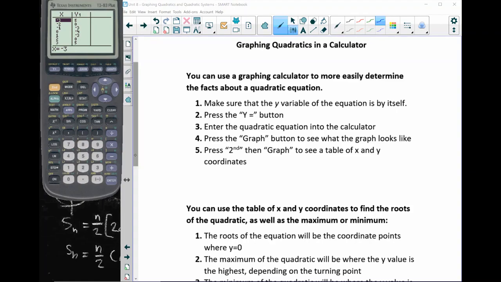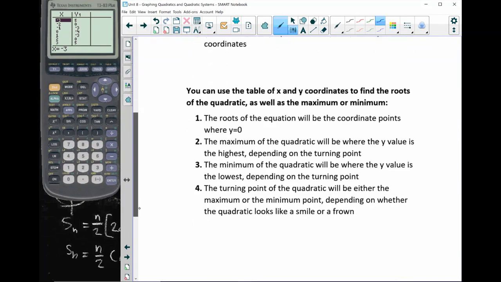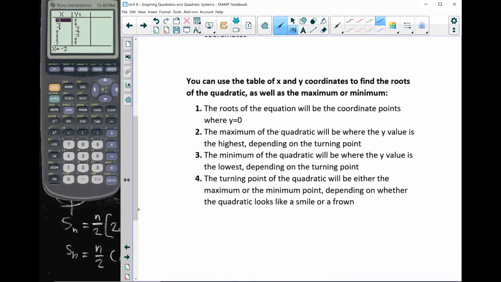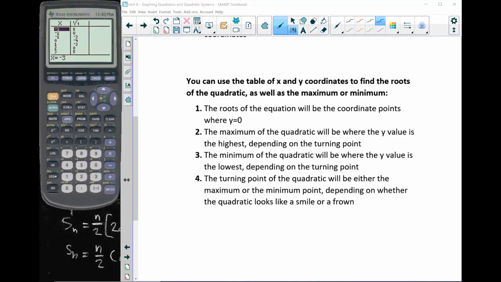So, we can also use the calculator to find the roots of a quadratic. So wherever the y equals 0, this is the y column. Do you see the y here up at the top? This would be our y column.